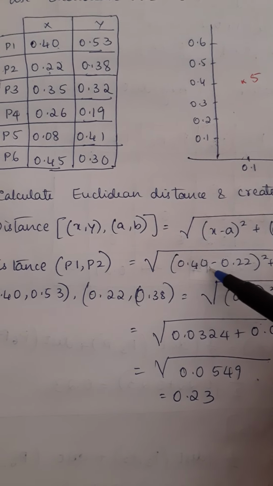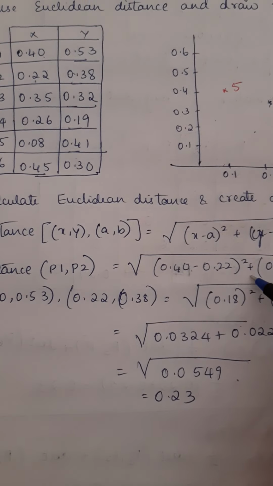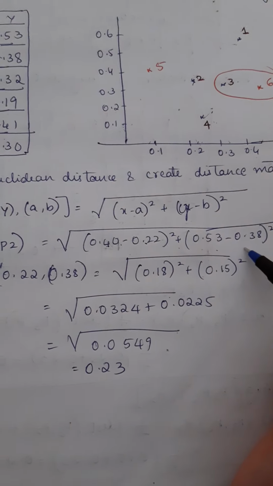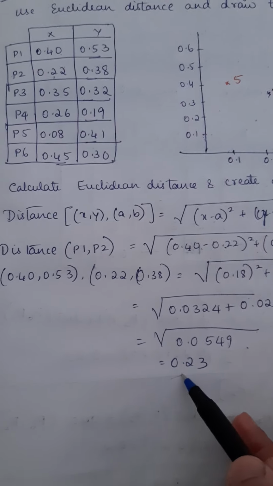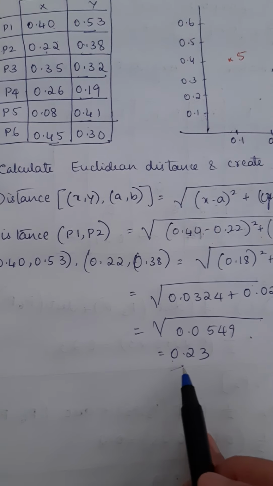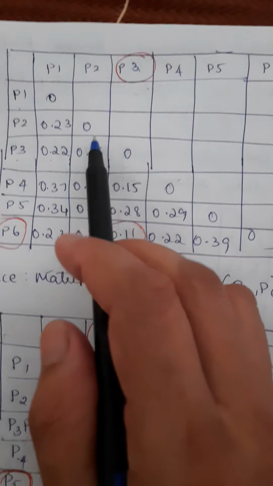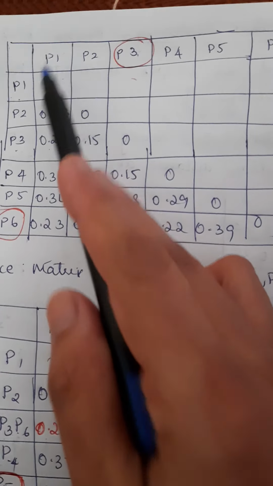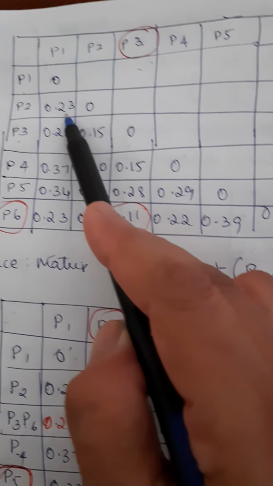That is 0.40 minus 0.22 whole squared plus 0.53 minus 0.38 whole squared, and we get 0.23. So the distance between P1 and P2 is 0.23.